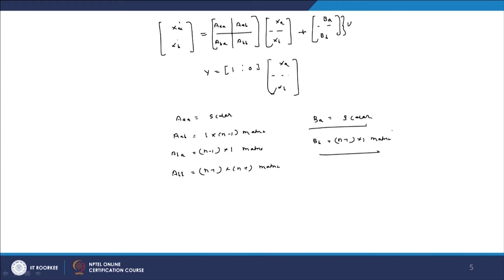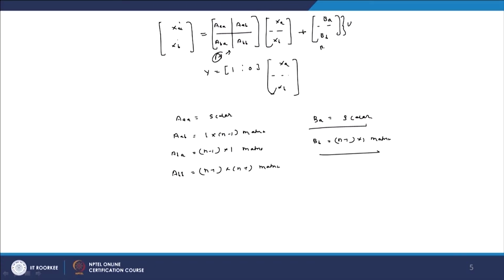So, here the dimensions of all the elements in the given matrices A, B, C we have written. That means, here this is A, this corresponds to B and this corresponds to C. So, all the information we have written.